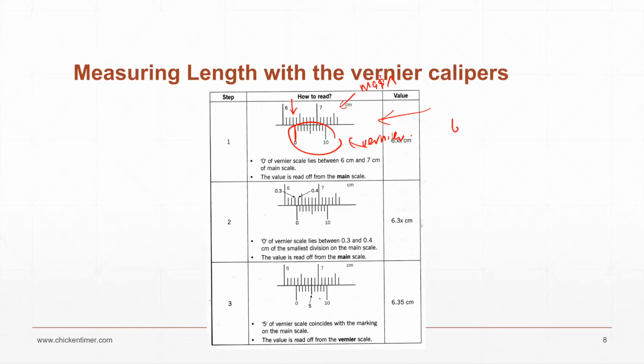So it's 6.3, right? So then you get 6.3 already. Then you just write 6.3 something. After that, you go back and look for the line where the vernier scale and the main scale coincide. So this line, the point that coincides, you read the vernier, and you see it's the 5 mark. So then the reading will be 6.35.